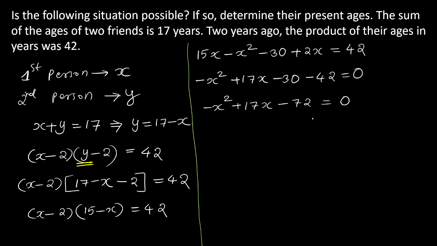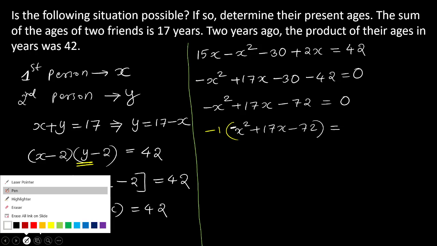I told you that we prefer the coefficient of x square as a positive number, because factorization is easier when it is positive. So let me multiply both sides by minus 1. Minus x square plus 17x minus 72.